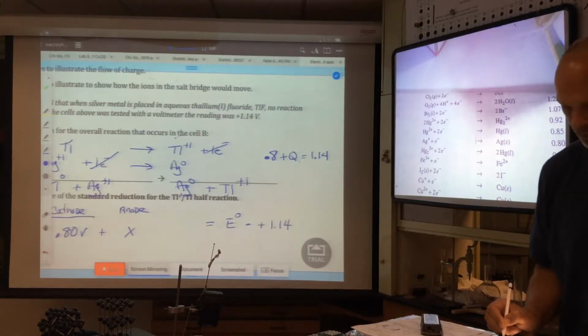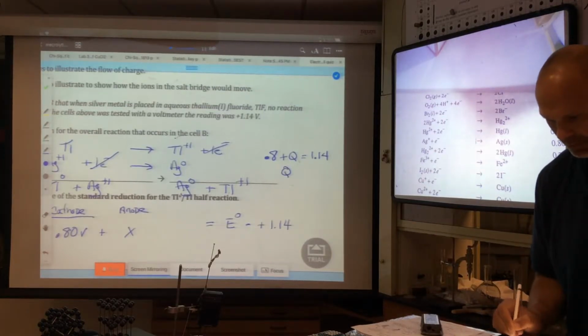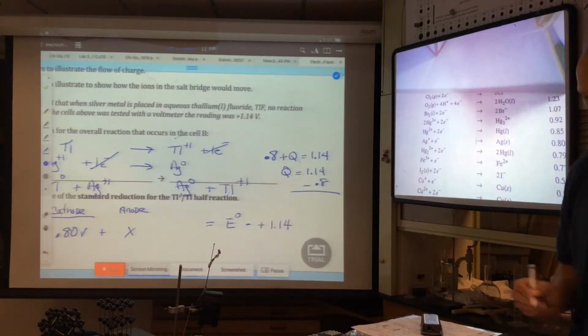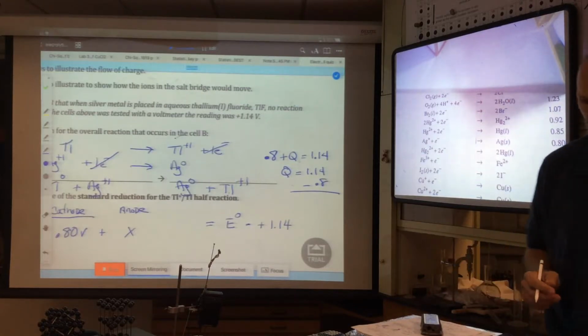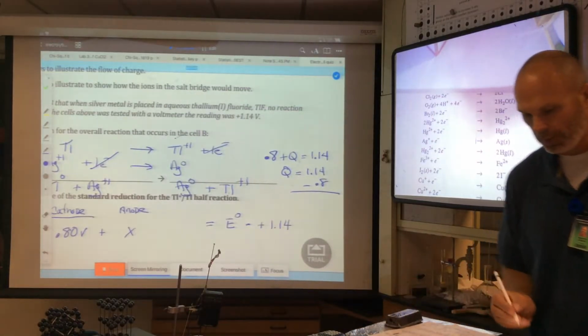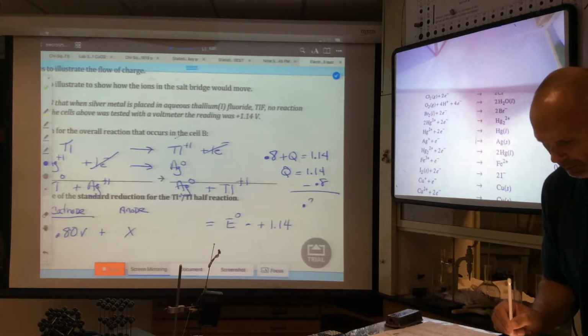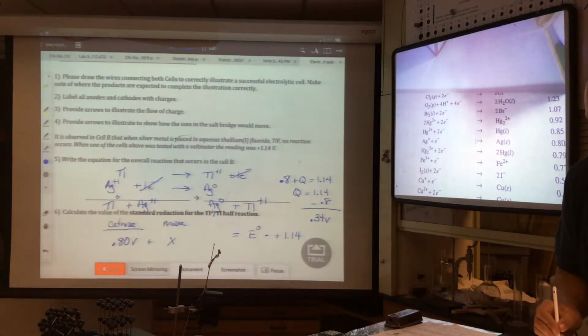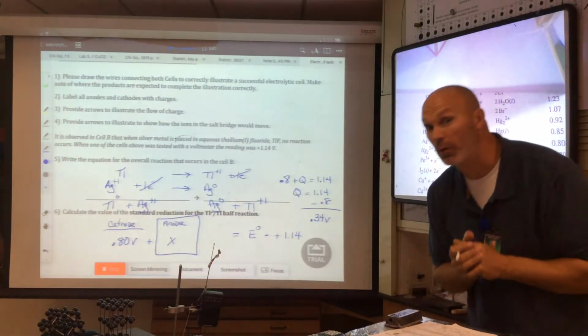Tough algebra. Solve for Q. What do you get? 1.14 minus 0.8. When you do that math, you get 0.34. Now what does this tell us? This told us the anode's oxidation potential is 0.34.